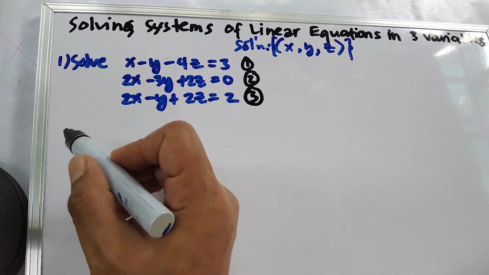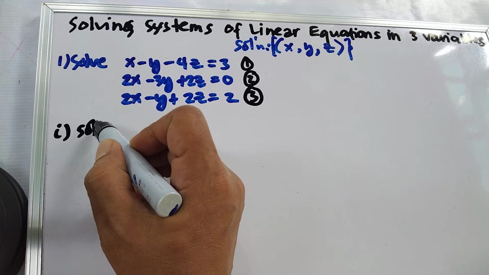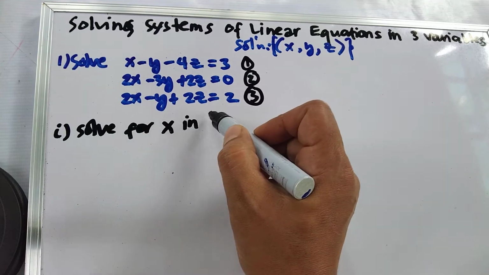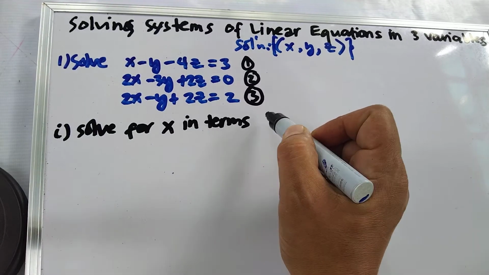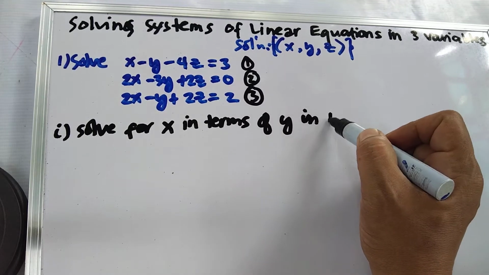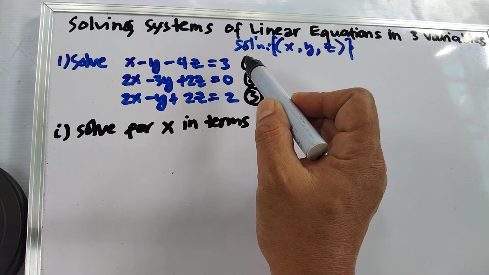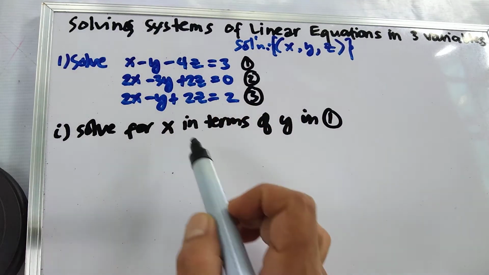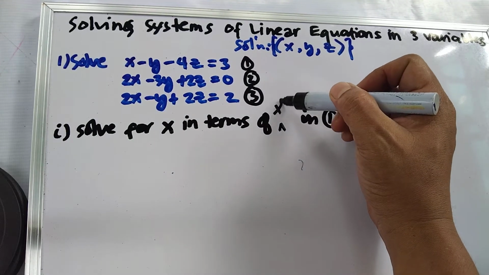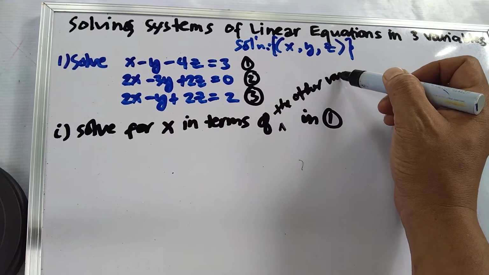So here, we need to first solve for x in terms of y in equation 1. So let's solve equation 1. Let's solve x in terms of the other variables.